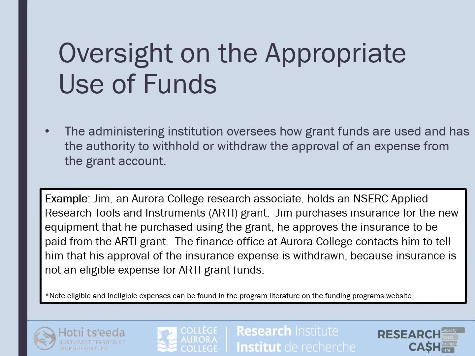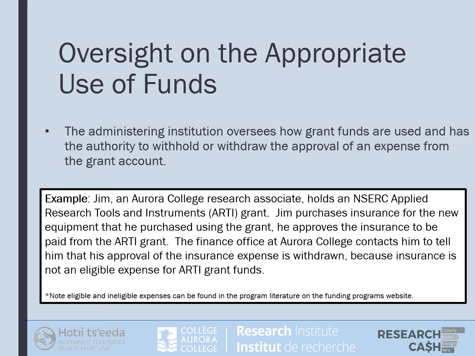And oversight on the appropriate use of funds. The administering institution oversees how the grant funds are used and has the authority to withhold or withdraw the approval of an expense from a grant account. Amanda gives us this example: Jim is going to purchase equipment under his ARTI grant.